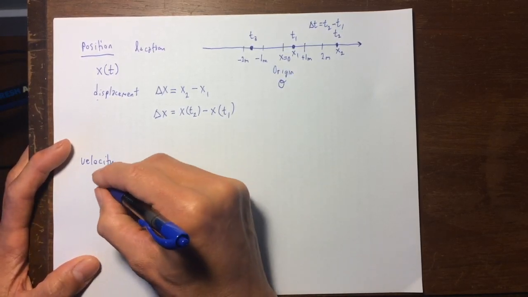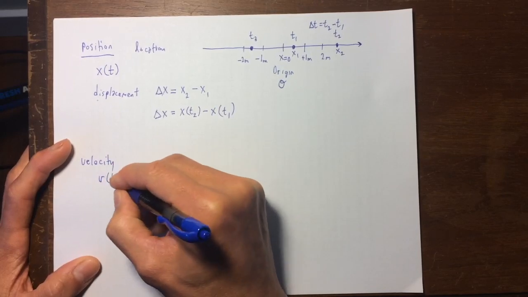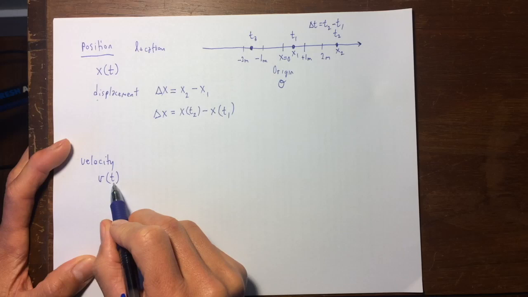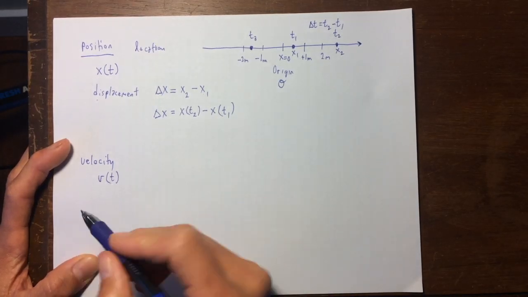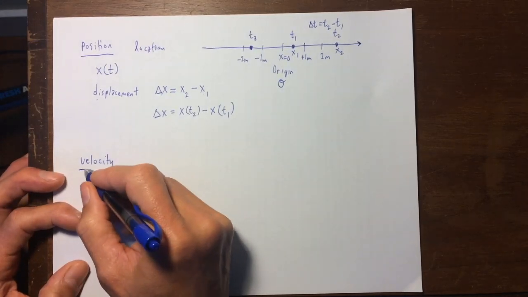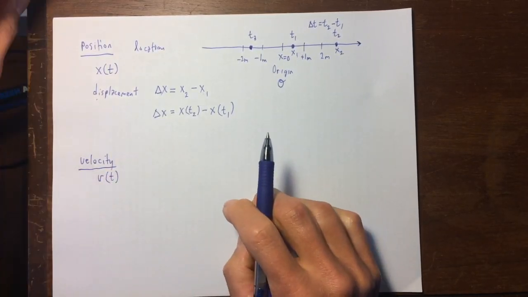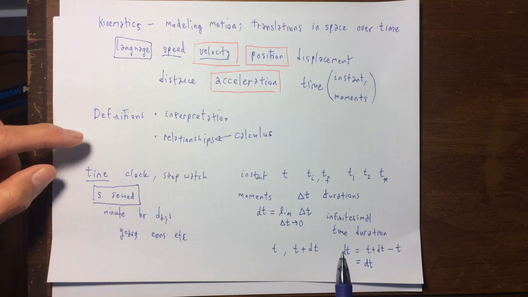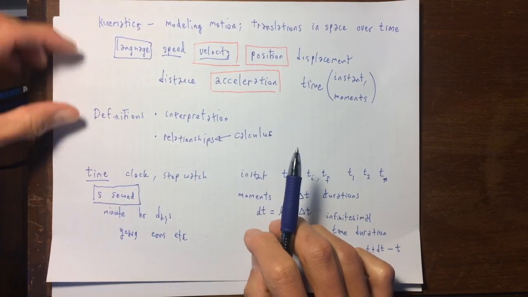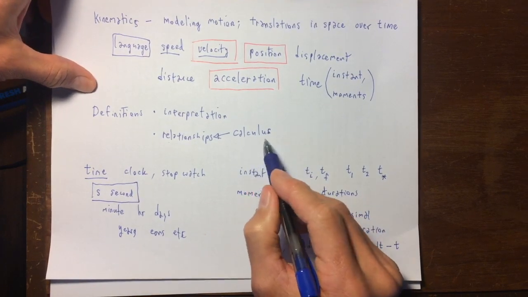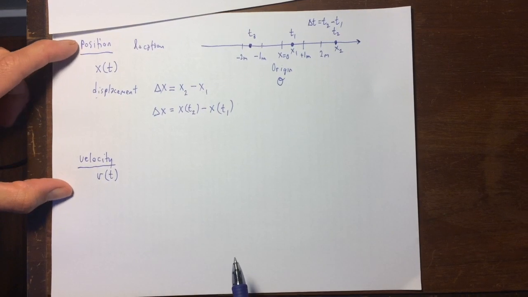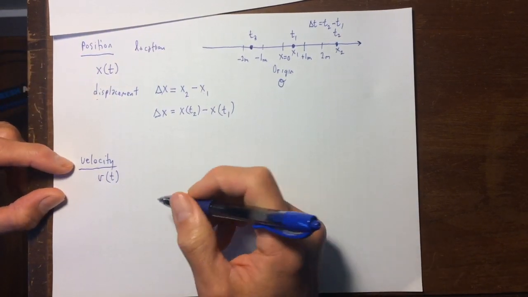But the velocity comes with a mathematical function symbol, little v of t, like this. So what I'm going to do for the purposes of this video, because this video is about definitions and relationships that are calculus based, I'm going to go straight into defining the relationship between position and velocity with calculus.